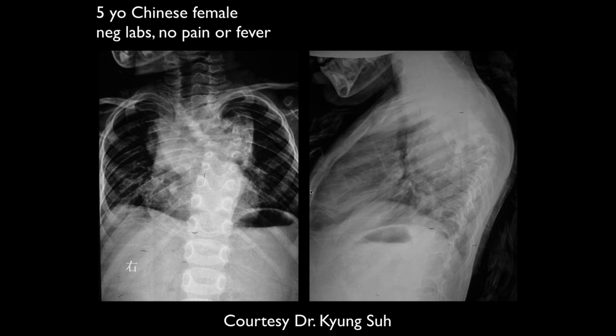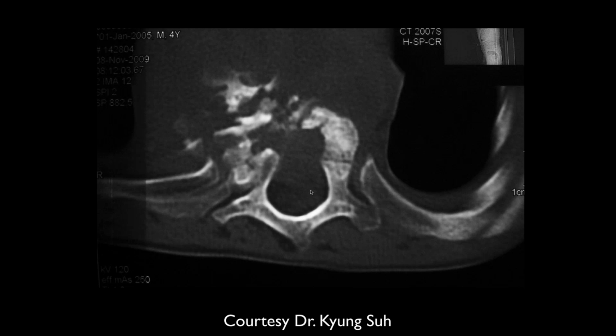5-year-old Chinese female, negative labs, no pain or fever. Thoracic spine deformity, scoliosis. Oh, okay. So the whole vertebral body has been destroyed.